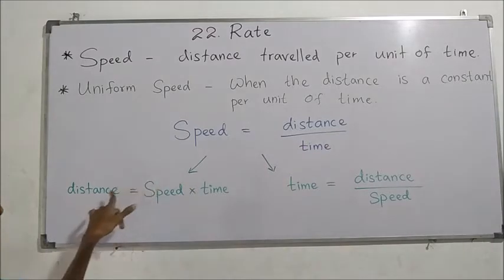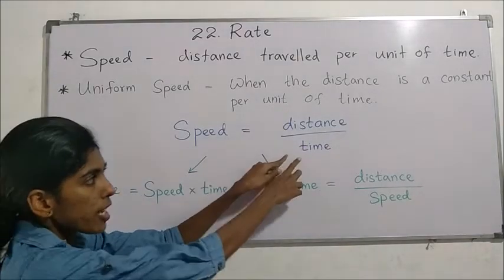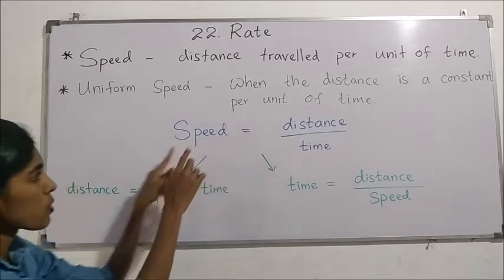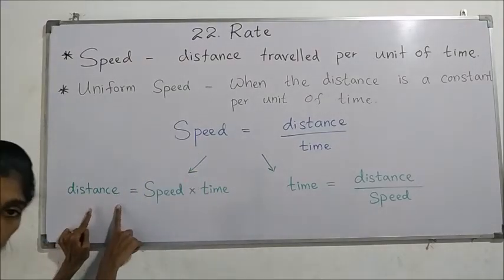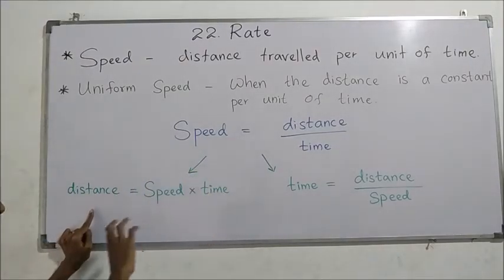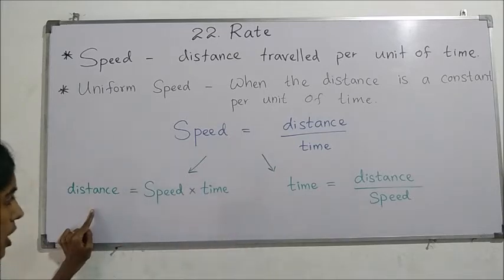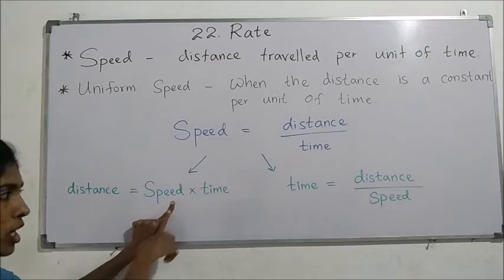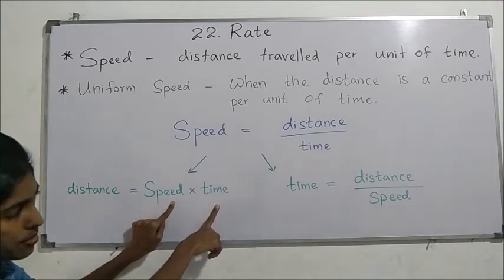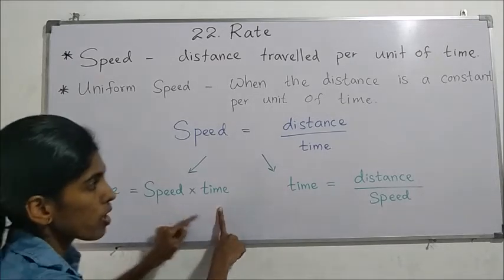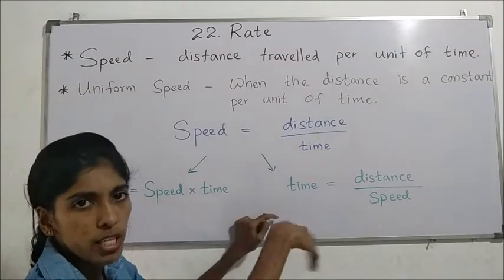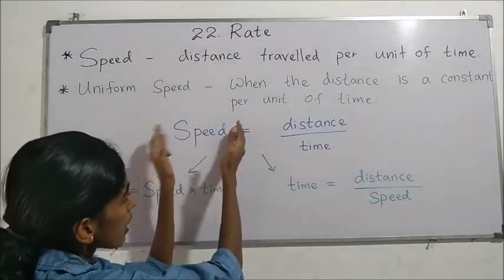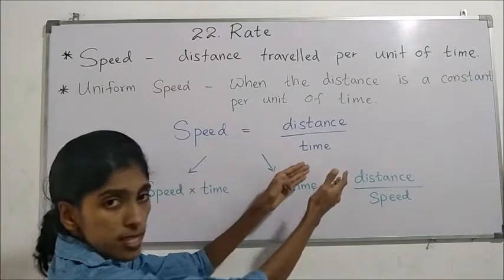How? To find the distance, you know that time can be sent to the other side, so it becomes a multiplication. To find the distance traveled by the object, multiply the speed of the object by the time taken by it. In the same way, if you want to find the time taken by that moving object, bring time to this side and bring speed to the other side as a division.